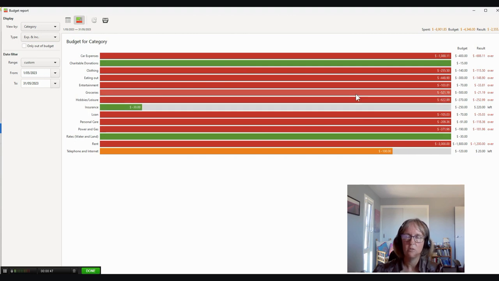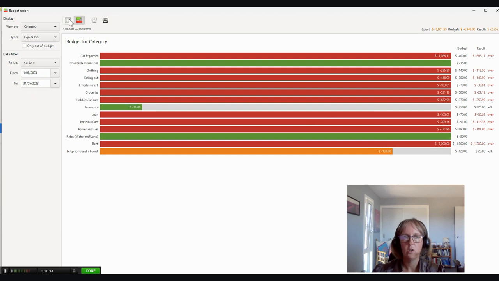Now remember, we've only got 2 or 3 months worth of information in here. So as we go through month after month, you'll get a much better idea of what your average is. At the moment, the averages aren't going to be very representative of the actual reality on average over 12 months. So you put more months in, you get a much stronger average.